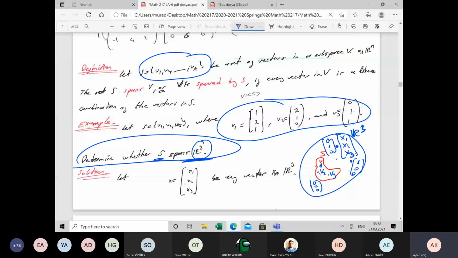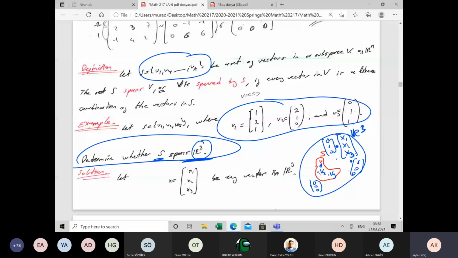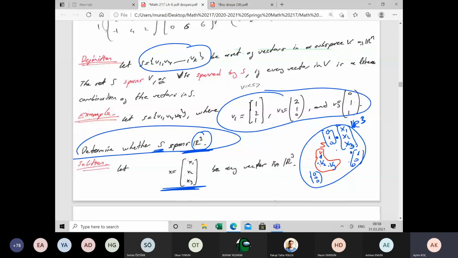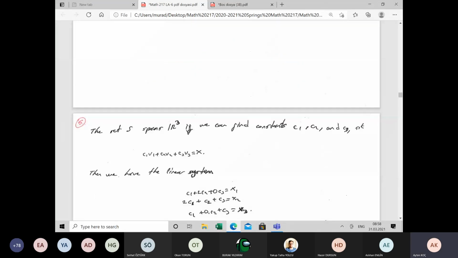So our aim is to check whether this vector can be written as a linear combination of v1, v2, v3.